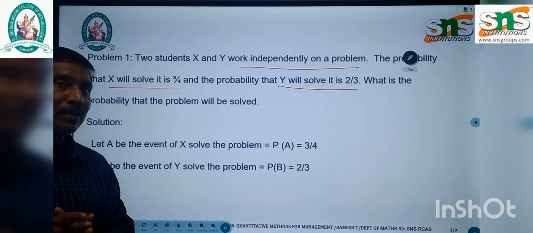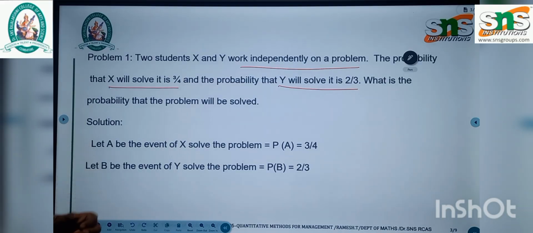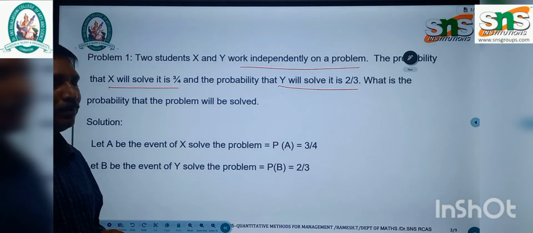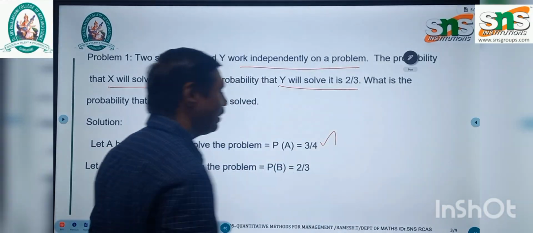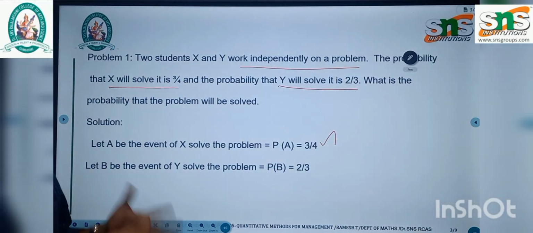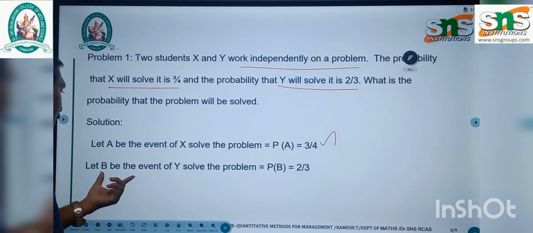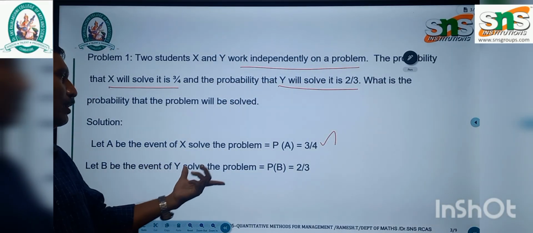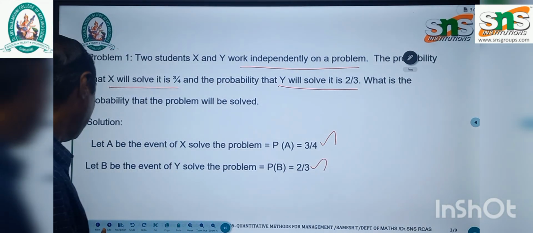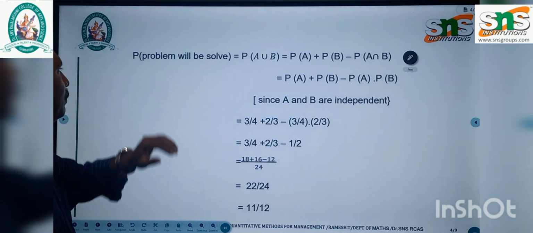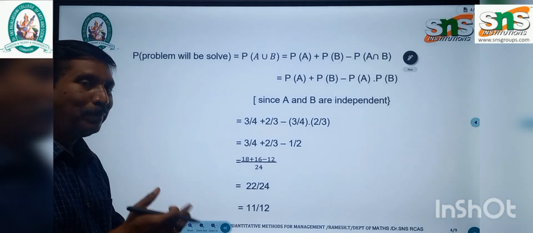Let A be the event of X solving the problem, so probability of A is equal to 3 by 4. And let B be the event of Y solving the problem, so probability of B is equal to 2 by 3.